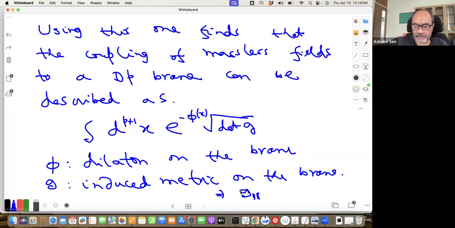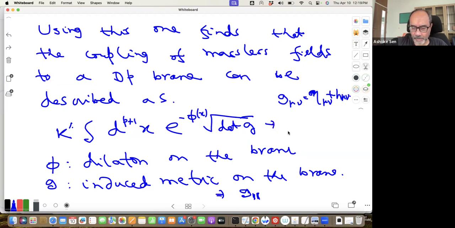How will the ratio of the 1-point functions fix this? Because this is some unknown constant k or k prime, right? k prime is related to k. Because if you expand it in powers of phi and h, suppose you write g mu nu equal to eta mu nu plus h mu nu, then you expand this in power series in phi and h.